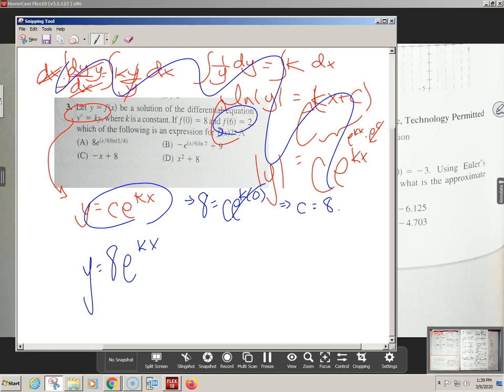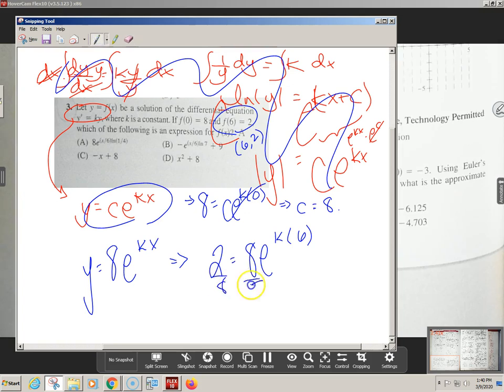Now I need to plug in the other one. So 2 equals, because remember, x is 6 and y is 2, 8e to the k times 6. How do I get to k? Divide by 8 first. We could do ln, but it's a lot easier if you get e alone first.